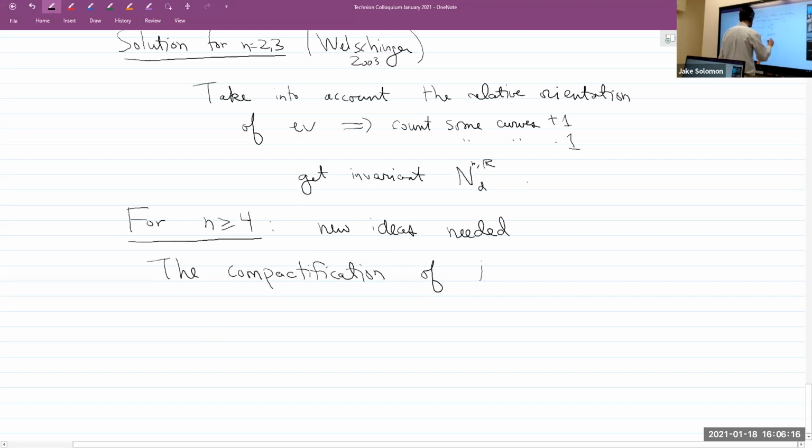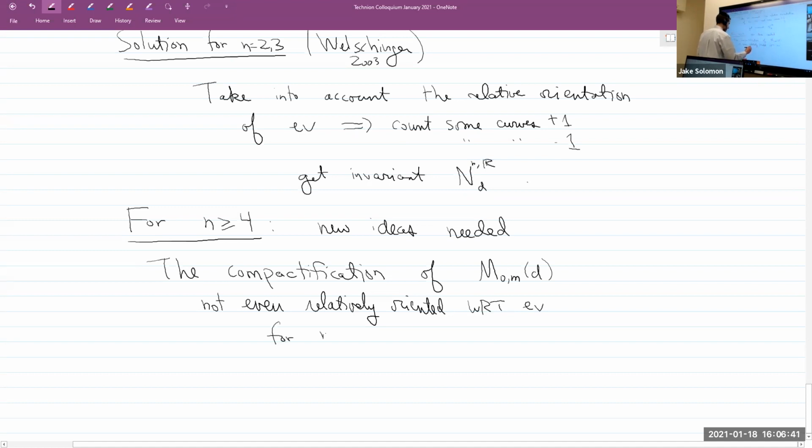And the compactification of M0M is not even going to be relatively oriented, you know, with respect to EV, once n is greater than or equal to 4. So there's some kind of simplification which happens in low dimensions.